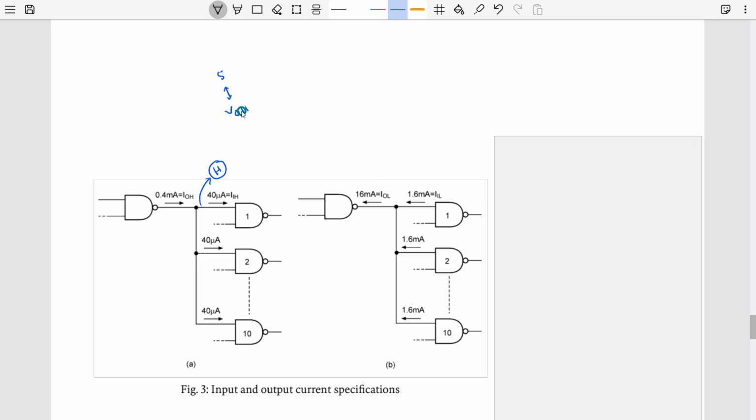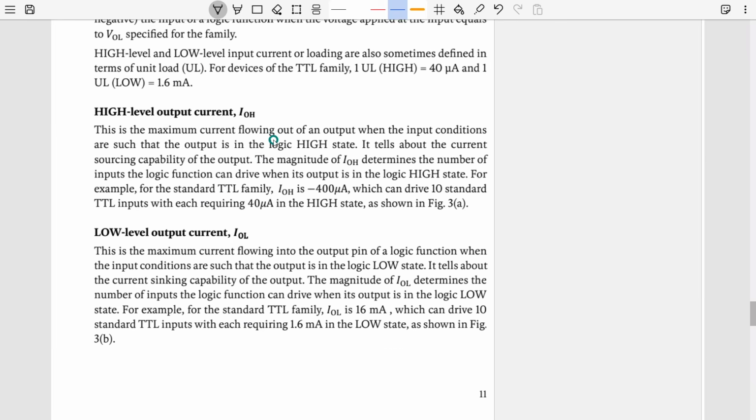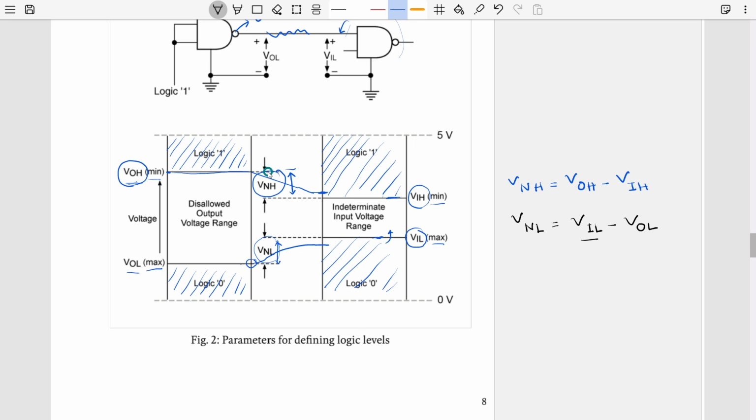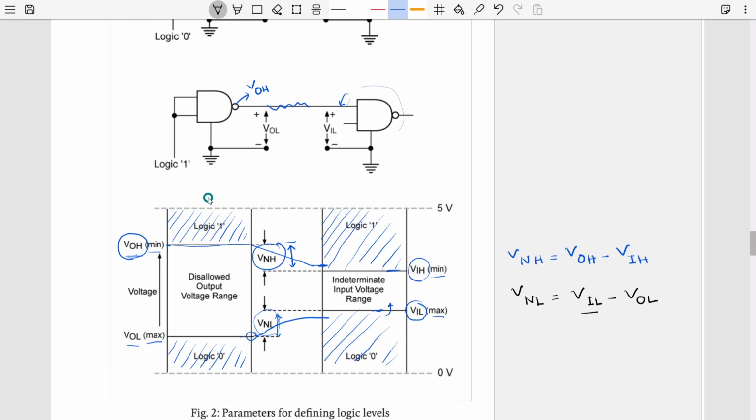If you remember, we discussed that any voltage is permissible within this region, but we can never go beyond that. For this gate to behave properly, it should output any value from 5 volt down to VOH. VOH is the minimum voltage, right?